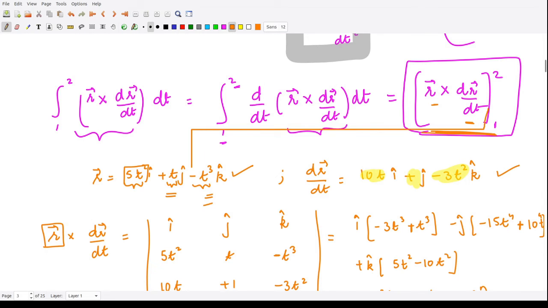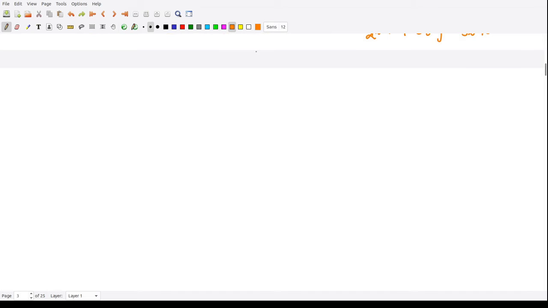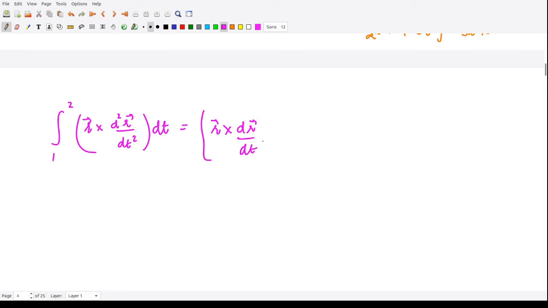Now what does this quantity become? Let me just scroll. We have the integration from 1 to 2 of the quantity r vector cross d2r by dt2 dt. This we have computed to be equal to r vector cross dr vector by dt computed at the points 1 and 2.